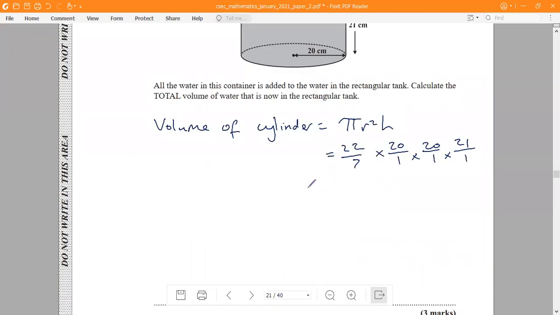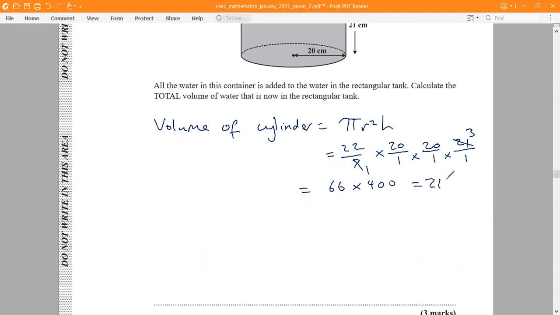So what we do is we can cancel 7 into 7, 1, 7 into 21, 3, and we multiply 22 times 3, we have 66 times 400, which is equal to 26,400 cm cube.